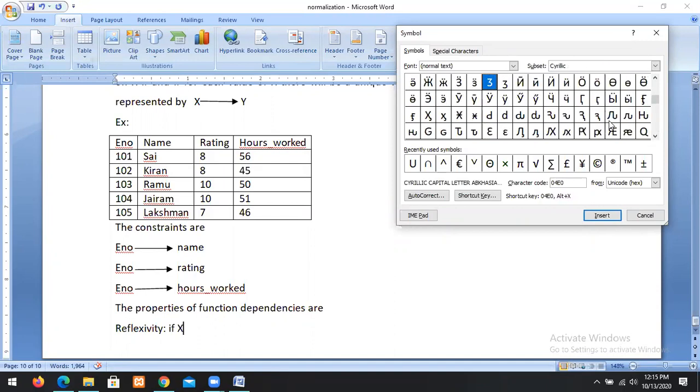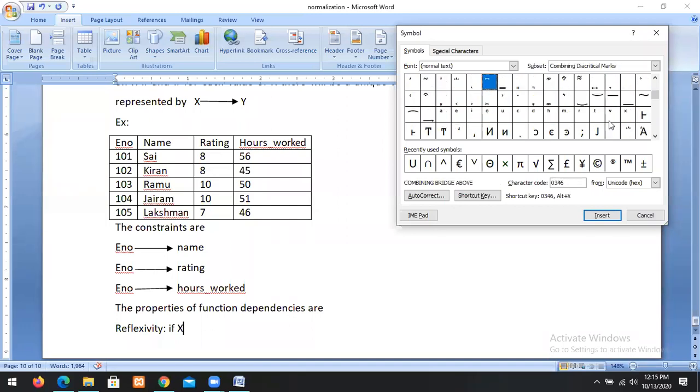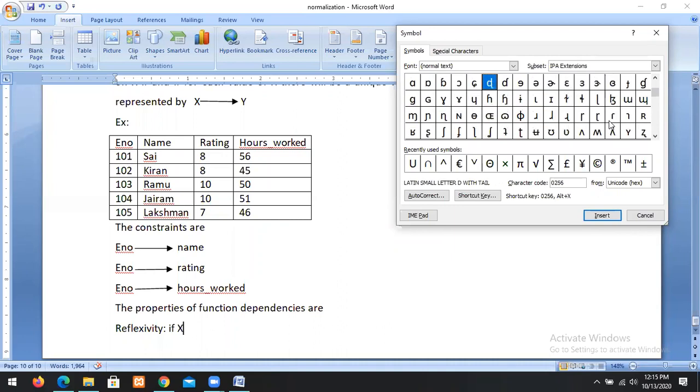Superset and subset symbols are required, and searching for those symbols is needed.